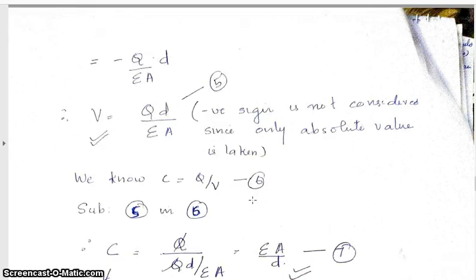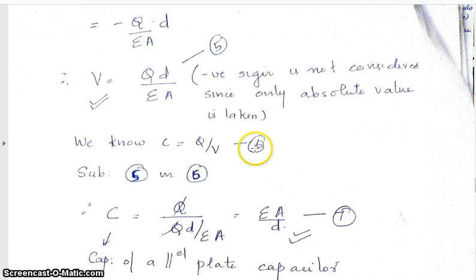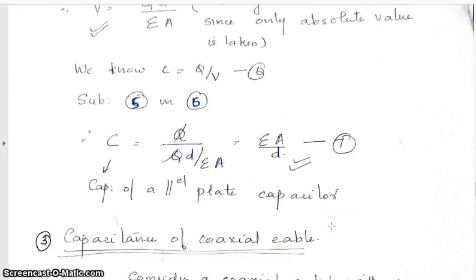Okay, now we have C is equal to capacitance, charge per volt. You might have studied this expression in your plus one, plus two. C is equal to Q by V. That is your equation 6. Now I am going to substitute equation 5 in equation 6. So I can write C is equal to Q by, instead of V, this expression Q d by epsilon A. So that is equal to epsilon A by d.